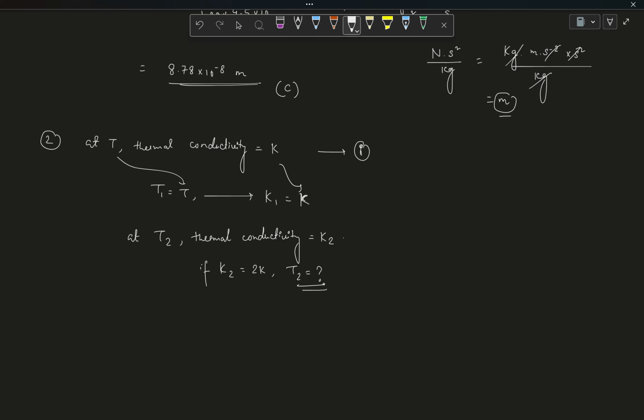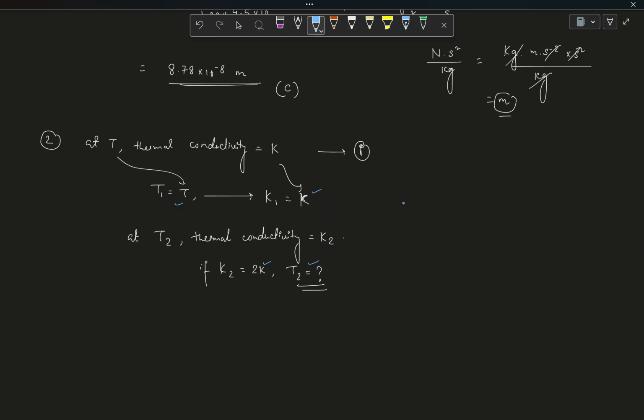What is T2? Basically you have to find some connecting relation between thermal conductivity and temperature, and then use the condition that in case 1, K1 was K and K2 is 2K. So if T1 is T, then what is T2? You have to get the value of T2 in terms of T. That is your main idea.